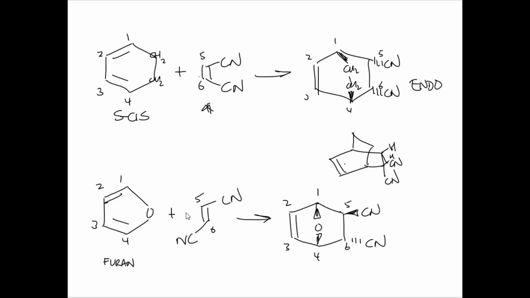So I want to talk about two other aspects of this, and that is the idea that these Diels-Alder reactions turn out to be very important reactions to make things like terpenes that are found in essential oils and fragrances.